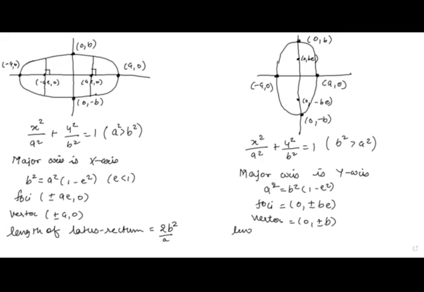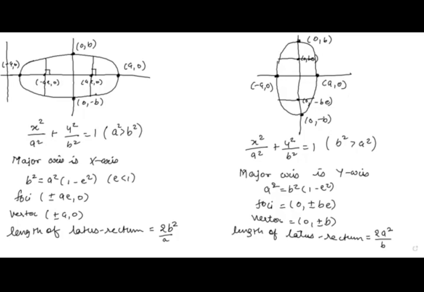Here the length of latus rectum will be 2a square by b. Here also we will get 2 latus rectum.